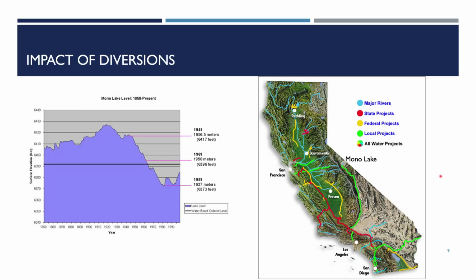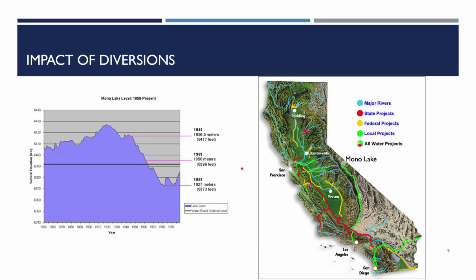The impact of these diversions was dramatic and measurable. Right? You can see on the graph of the lake's elevations here what happened over time. And so the lake's level between 1941 and 1981 dropped by 45 feet, from 6,417 feet above sea level to just 6,372. Its volume was cut nearly in half, and its surface area shrank by 10,000 acres.